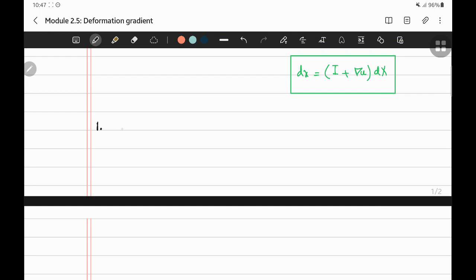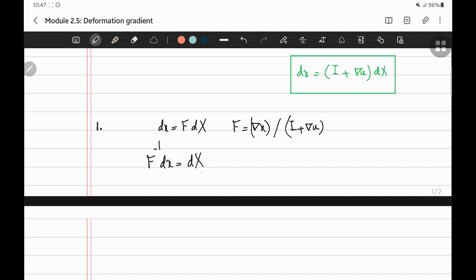So suppose you have dx equal to F dX, and this F could be del x, or it could be I plus del u. It is not important which one you choose. You can write F inverse dx is equal to dX, because you know F inverse F is I, so I don't write it, just remove it from here.